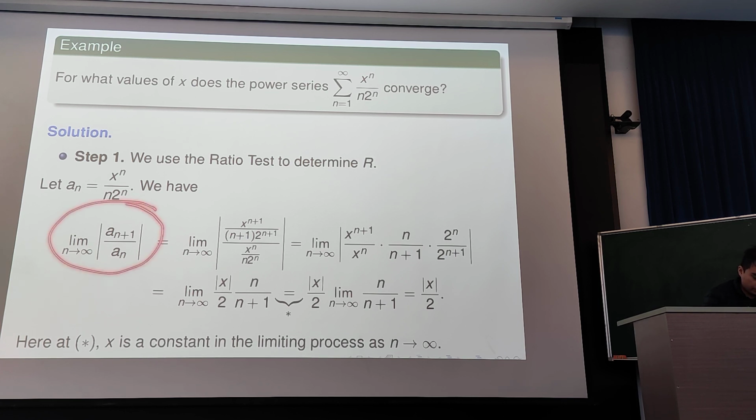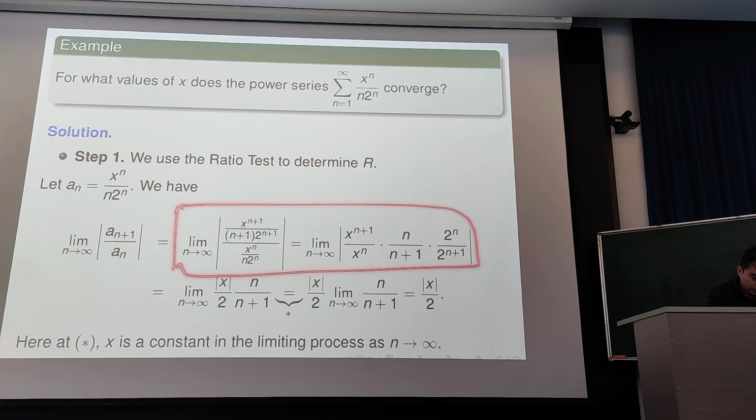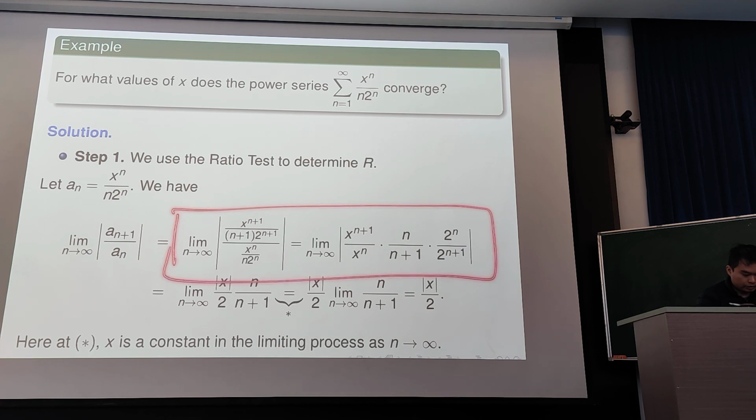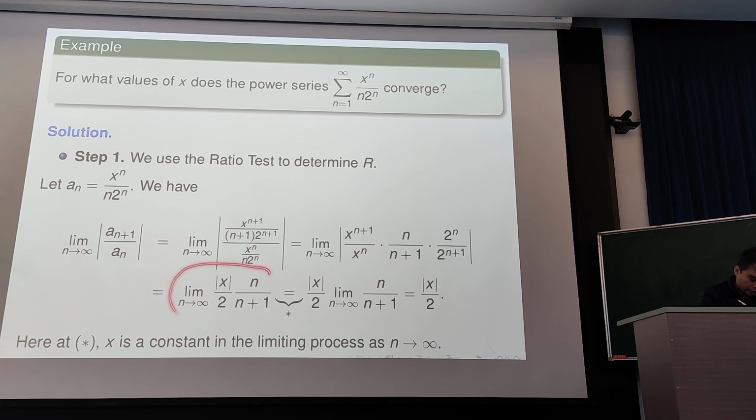Okay, so we are going to find this limit. The transformation is standard, using the formula of the series. So in the final step, you can see we have this. In fact, a_(n+1) over a_n equals this.